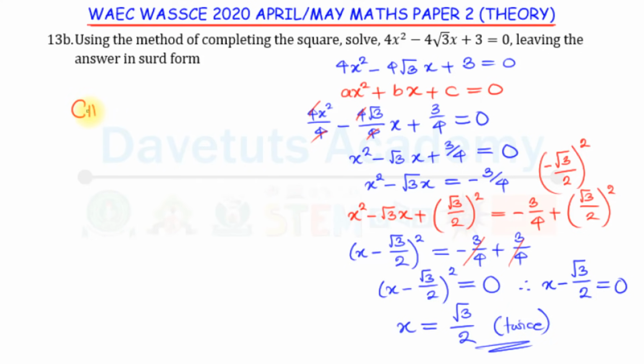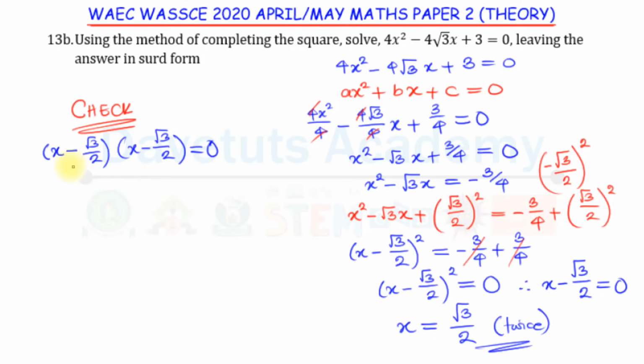So you can say you want to check if all that we worked is actually the correct thing. Here we are saying that x is equal to root 3 over 2 twice, meaning we have x minus root 3 over 2 and x minus root 3 over 2 as the two factors, like we're coming from here. So of course this is also the expression of this. This is x minus root 3 over 2 raised to power 2 and is reflecting here.